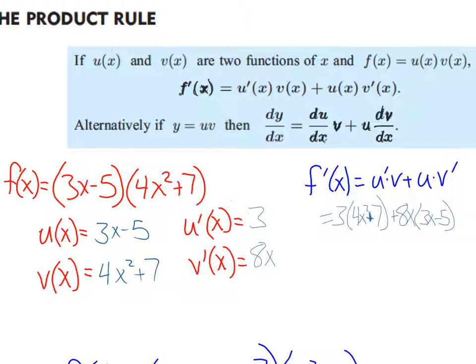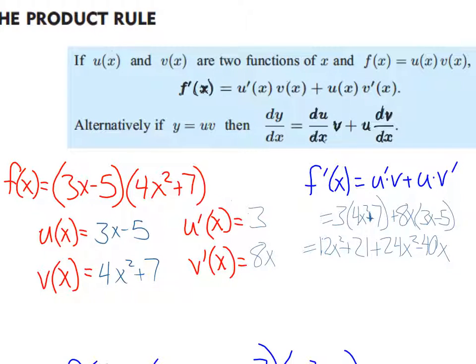And we will go ahead and simplify this. If I distribute the 3, I get 12x squared plus 21. I distribute the 8x, I get 24x squared minus 40x.